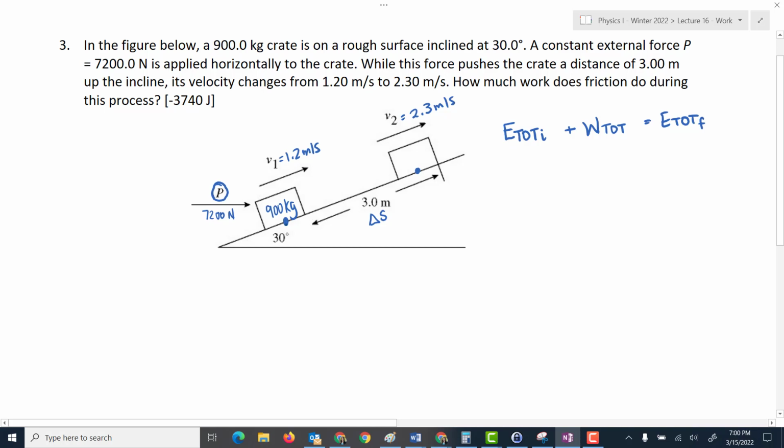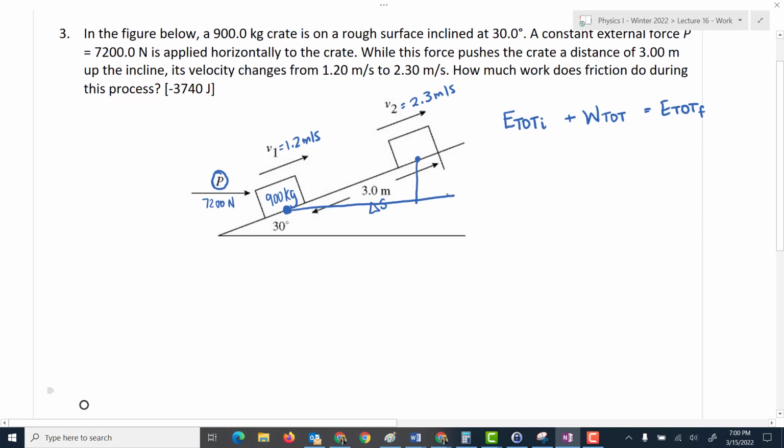We can say that our reference position right here is 0. So this is where I will just draw a little triangle over here, and I'll say my H initial over here is 0 meters. Then how do we figure out what our H final is? Well, we can look at this triangle. We know that this is 3 meters. We know that this is 30 degrees, and we can use SOHCAHTOA to solve for this value, which would give us the H final.